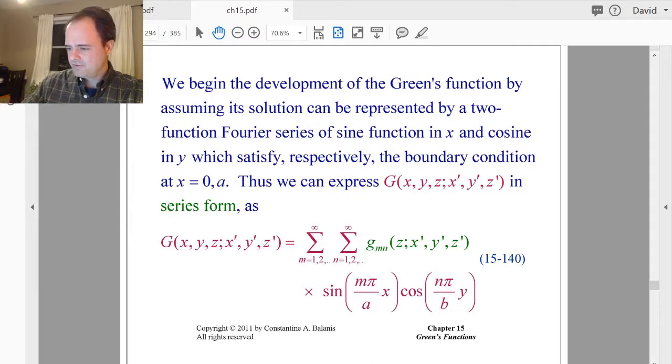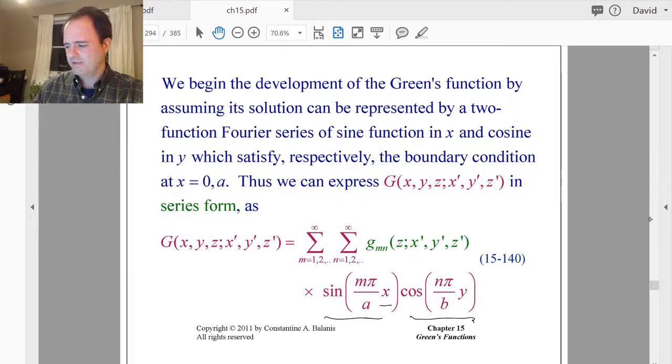So by choosing sines for x and cosines for y, we are able to satisfy the boundary conditions at x equal to 0 and x equal to a. And then we have additional boundary conditions, which state that the magnetic field has to be 0 at y equal to 0 and y equal to b.